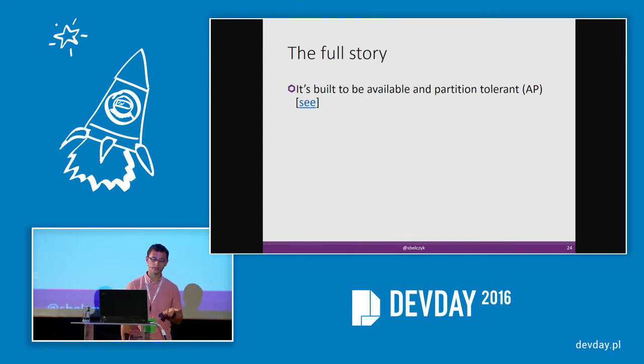If you are in a split brain situation and there is a cluster on both sides of the partition, you can end up with two clusters which are both available. So on both sides of the partition, the same actor can be initiated.